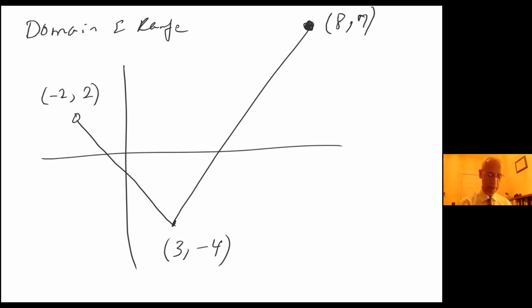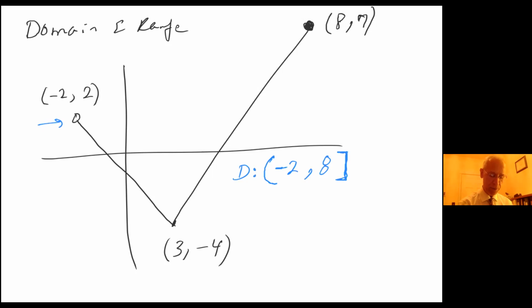So the domain for this function starts from -2, but -2 is not included. So I'm going to put a parenthesis because -2 itself is not included, and go from -2 all the way to +8. And +8 is included, so a bracket.